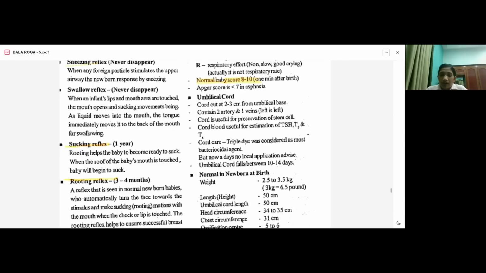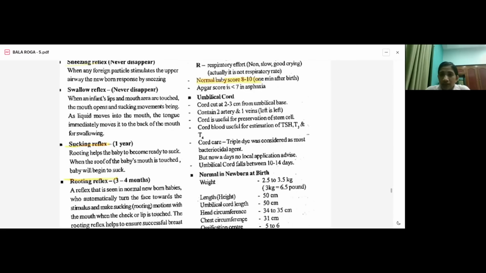So while clamping the umbilical cord, it requires a 1 minute delay, so that the iron-rich blood is transported to the baby's body. That will increase the immunity of the baby. That's the reason for delaying the clamping of the umbilical cord. So immediate clamping is required in case of emergency conditions only.